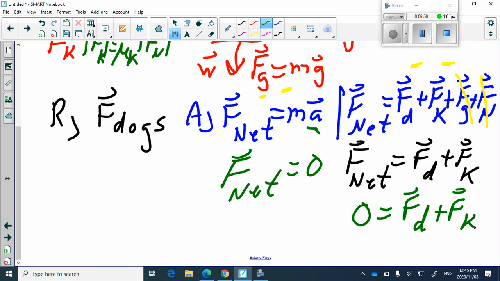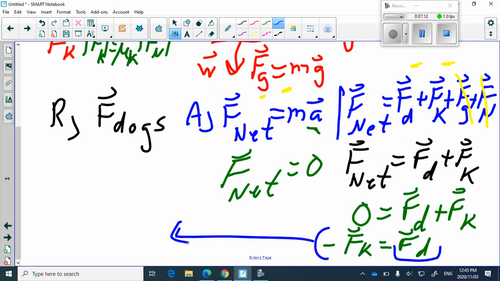Which means the thing you're trying to calculate, force of the dogs, is just negative of the force of friction. So then we're reduced to, well, if I want to calculate the force that comes from the dog, what I'm being asked then to do is calculate the force of friction, kinetic friction.